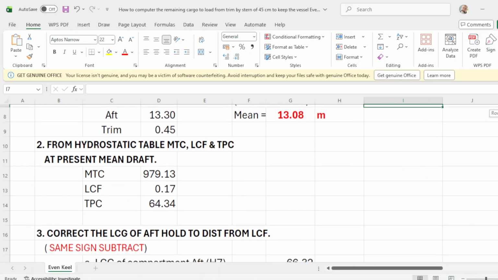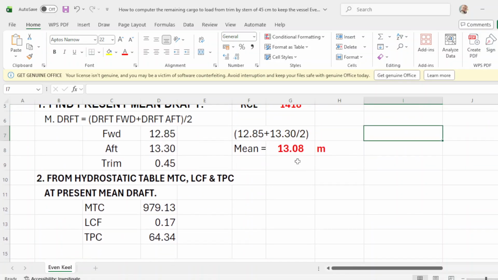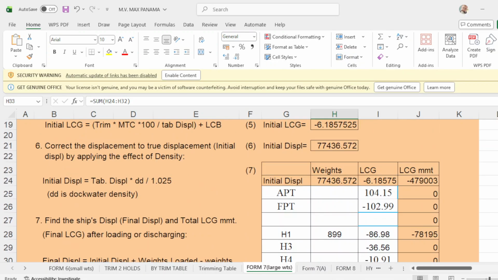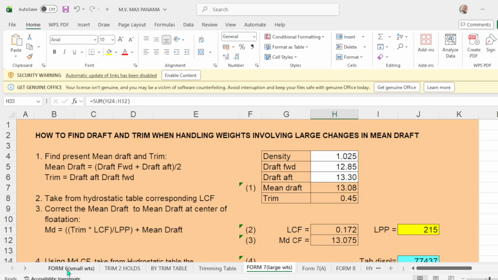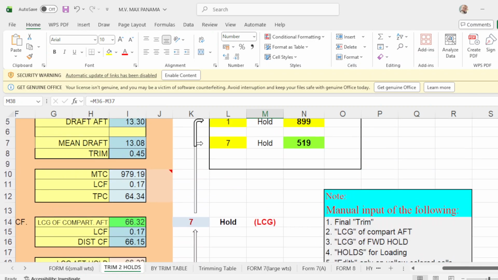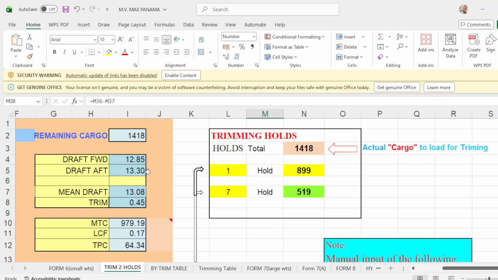Okay, so we go down. Then from your mean drop of 13.08, you will take your MTC, LCF, and TPC. So from your mean initial drop, you have your MTC, LCF, and TPC. So let's go to the hydrostatic table.